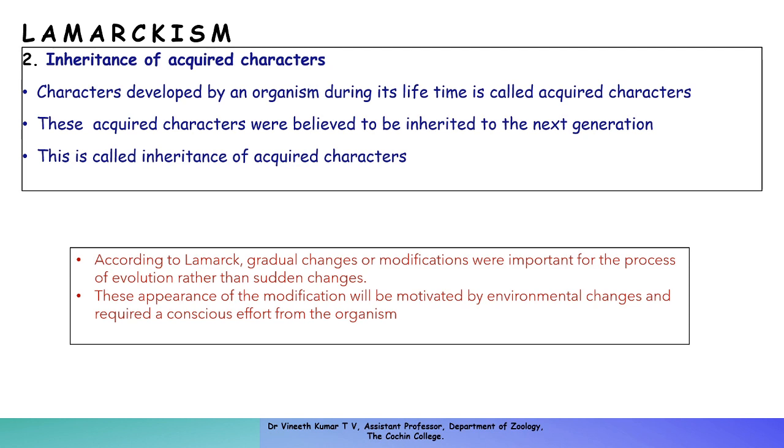And these modifications will be motivated by environmental changes, and also require a conscious effort or an internal urge from the organism. So this is the inheritance of acquired characters, and a summary of the theories proposed by Lamarck.